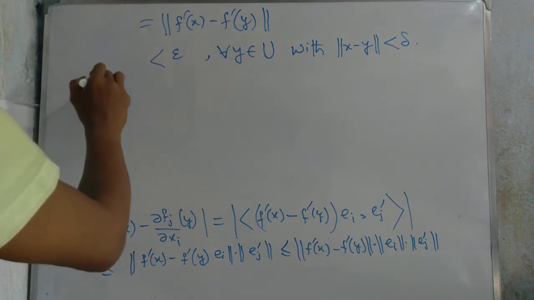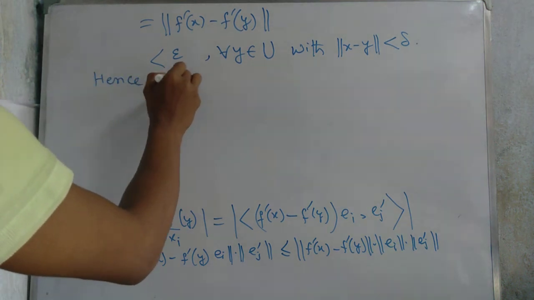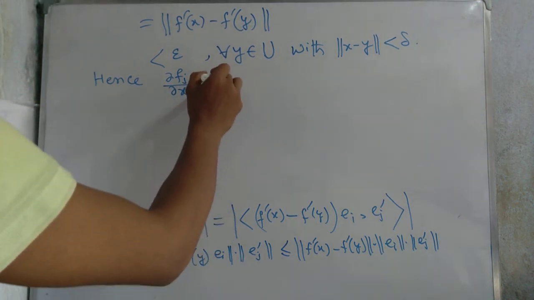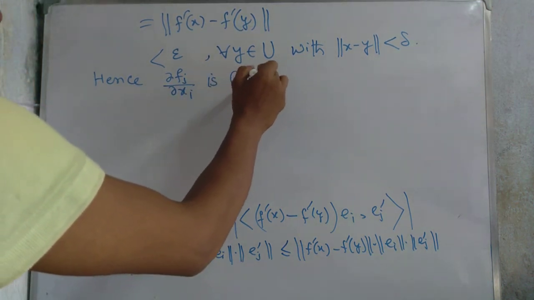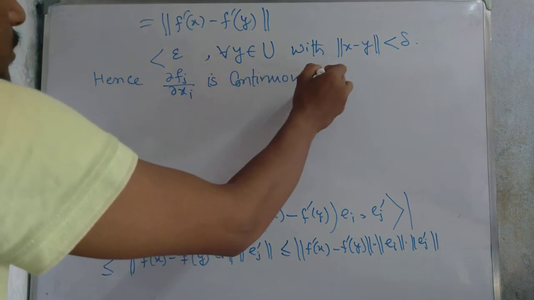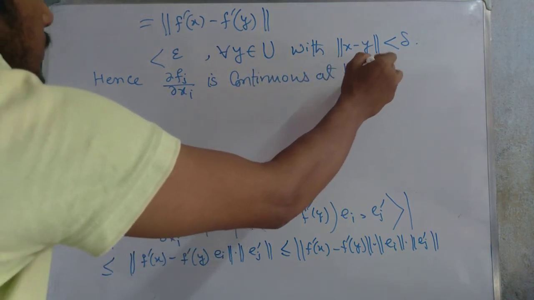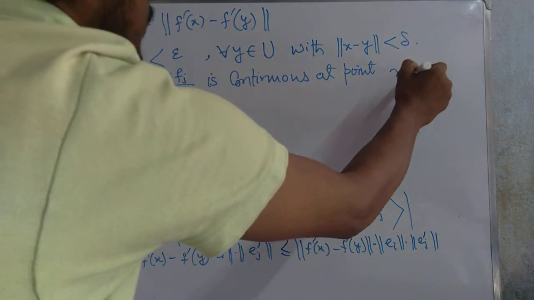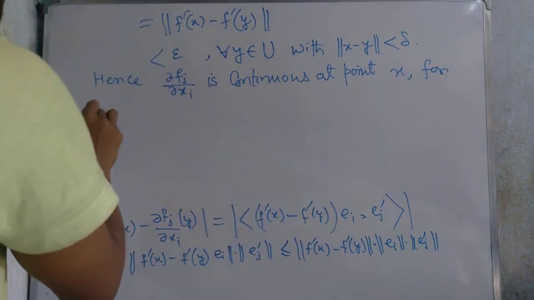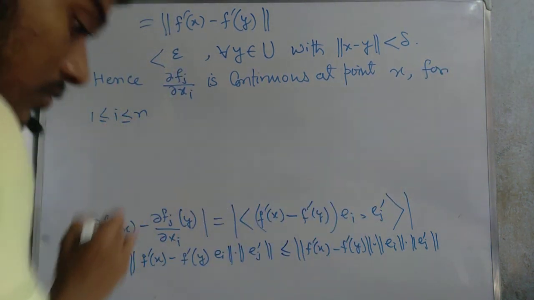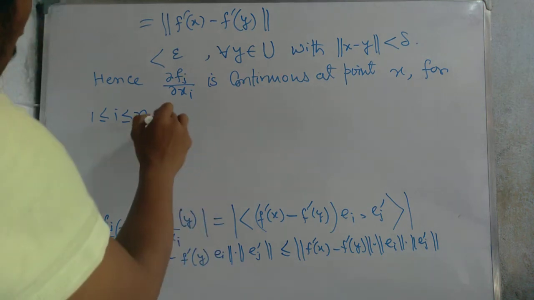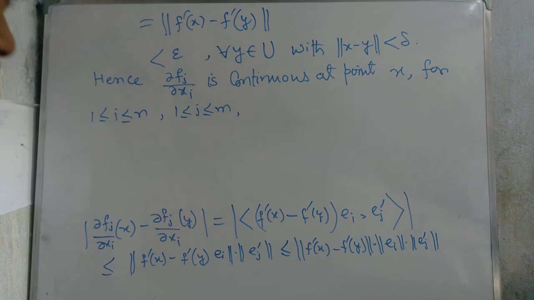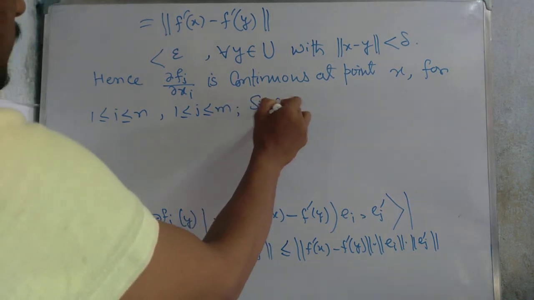Hence ∂fj/∂xi is continuous at the point x for 1 ≤ i ≤ n and 1 ≤ j ≤ m.